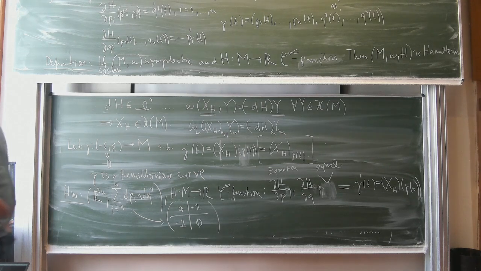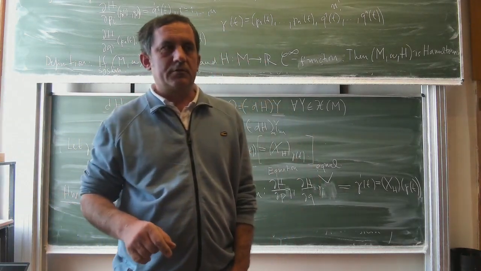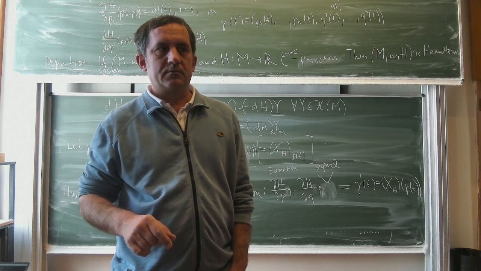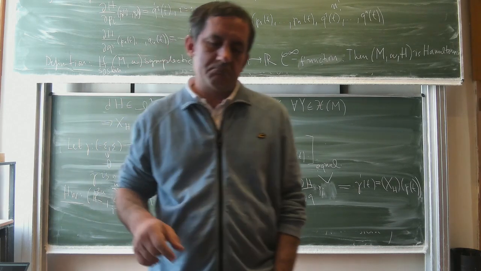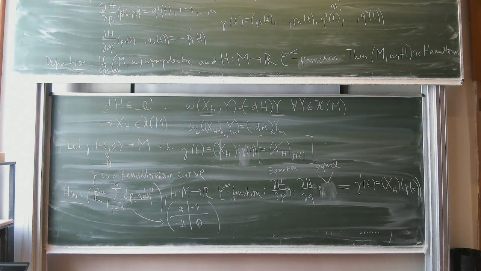Therefore the corresponding equations for the flow lines split into a system of two equations. On the right-hand side there is a derivative not of p and q as in the classical case, but you have to apply J again, so the transformation is by omega. So you swap on the right-hand side of this differentiation along t, q's for p's, and to half of them you put a minus.